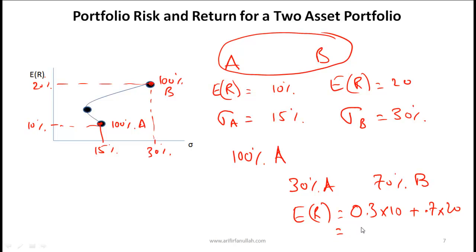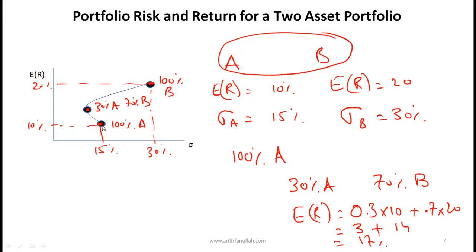So this is equal to 3 plus 14, so your expected return is going to be 17%. So let's say that this point, for example, represents 30% A and 70% B.